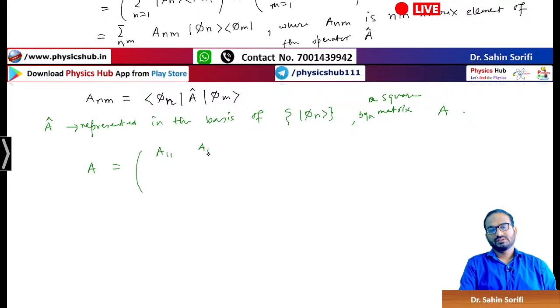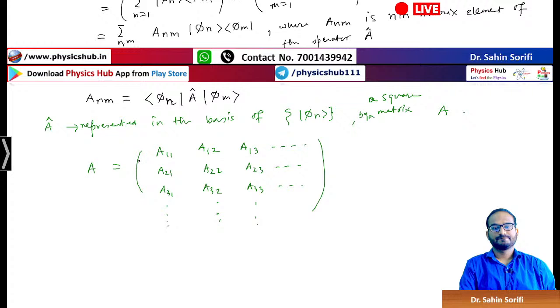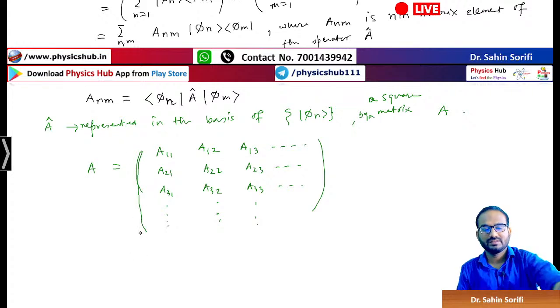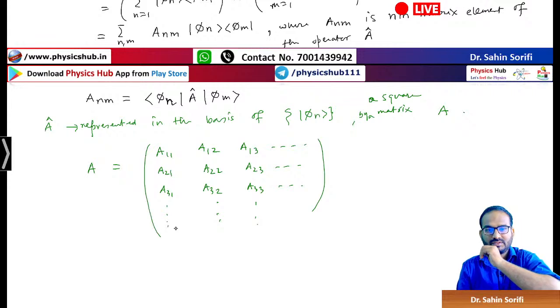A11, A12, A13 and so on; A21, A22, A23, and so on; A31, A32, A33 and so on, and here it will be so on, because we have an infinite number of elements in the basis. So it will be like this.